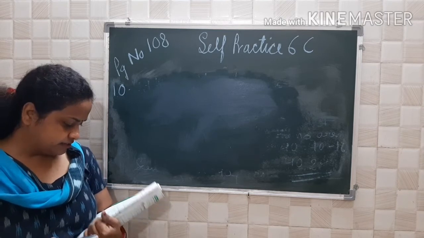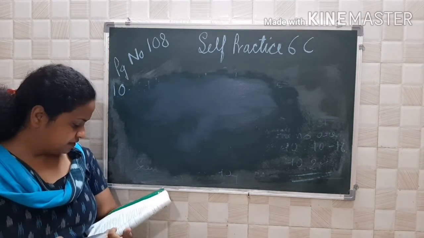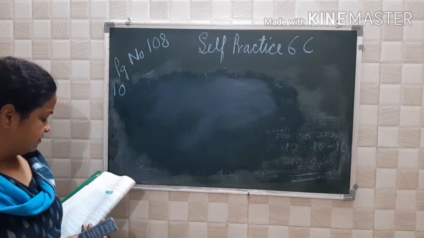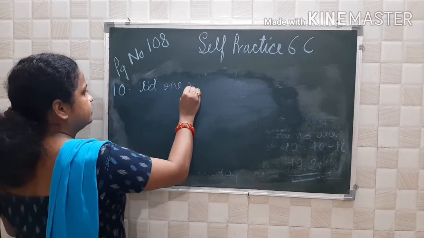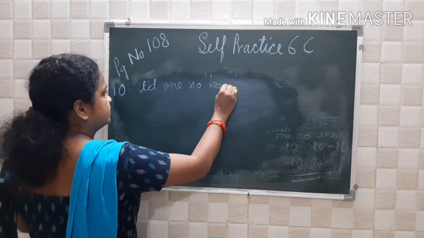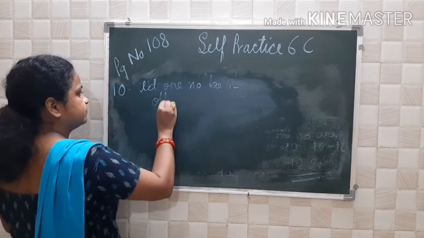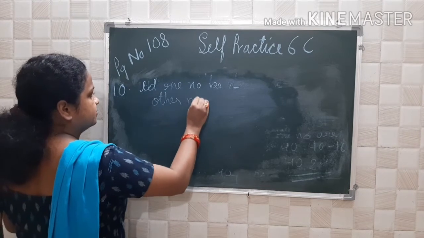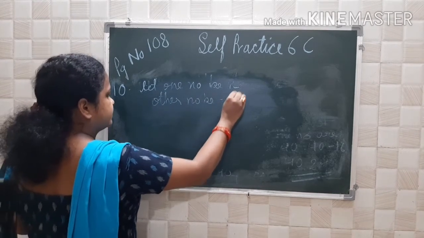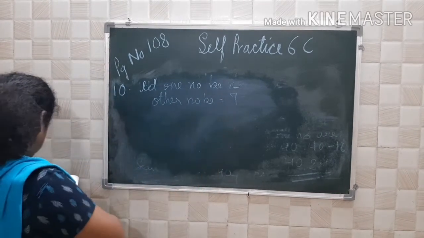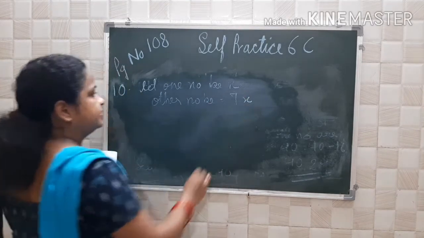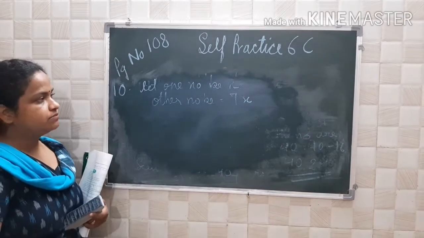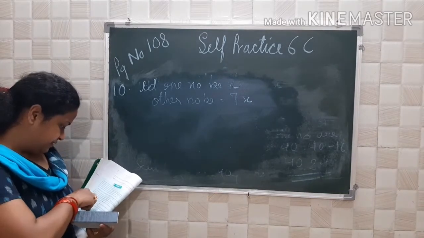Find the numbers. One number is 7 times another number. Let one number be x and the other number will be 7x. Okay, it is written as 7 times, so 7 times means 7x.